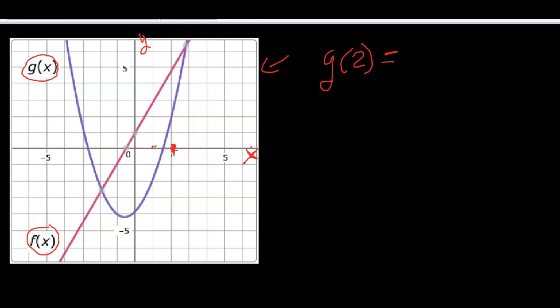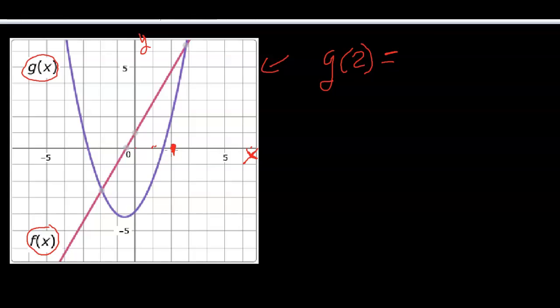So how do we find the corresponding value of the function g at this value of x? Remember that the value of g of x at any given value of x is listed on the y-axis for that corresponding input of x.